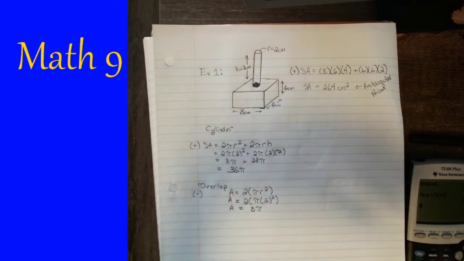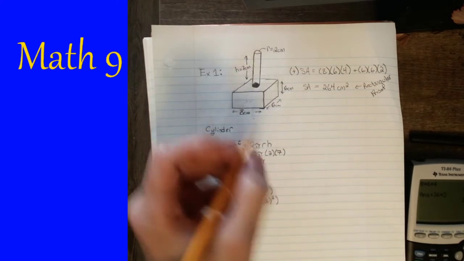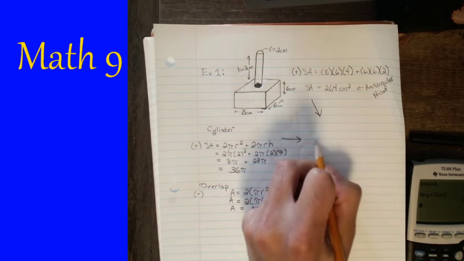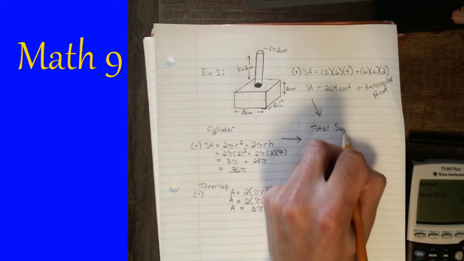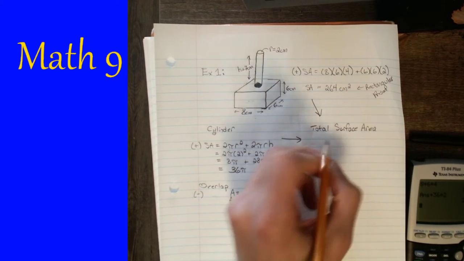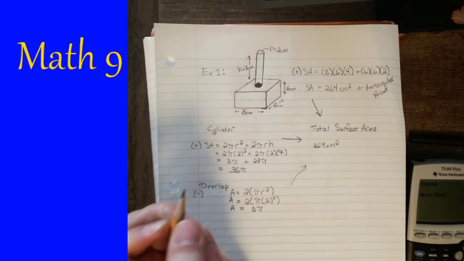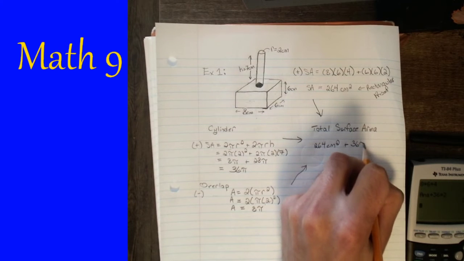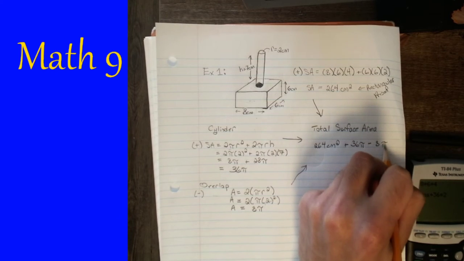So just to kind of keep track of everything, that's what I like to do. So all together, let's put everything together. The total surface area is equal to 264 centimeters squared plus 36 pi minus 8 pi.